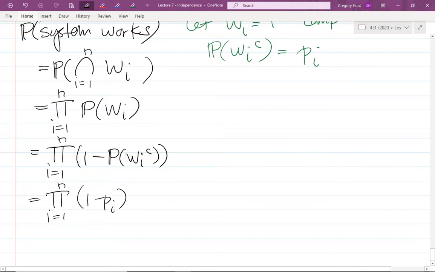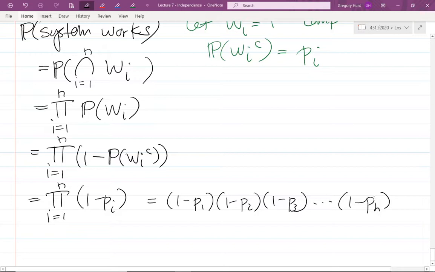And so this gives us our formula, which is (1 minus p1) times (1 minus p2) times (1 minus p3), all the way up to (1 minus pn). So this is almost like an average in some ways, but it's a product instead of a sum. If you take an operations research class, this kind of product will come up quite a bit, and the way we get the formulas is through this independence. That's a nice little example of independence.